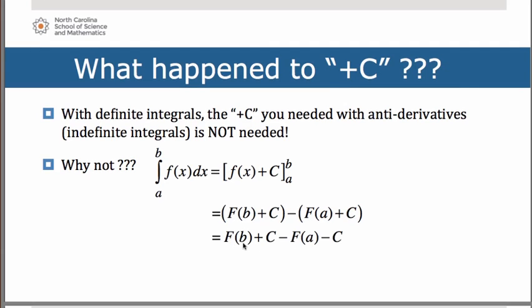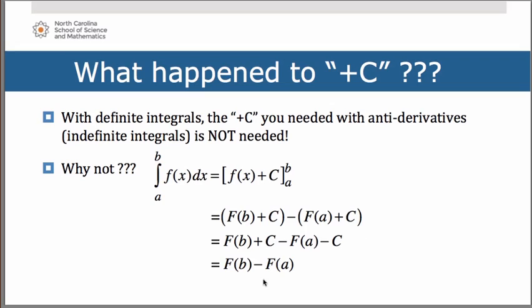We then have capital F of b plus c minus capital F of a minus c. Notice the c's cancel out, and all that remains is capital F of b minus capital F of a. And that is why when you do definite integrals, you do not need the plus c's because they always will cancel out. So for the sake of efficiency, we simply eliminate them as we do a definite integral problem.